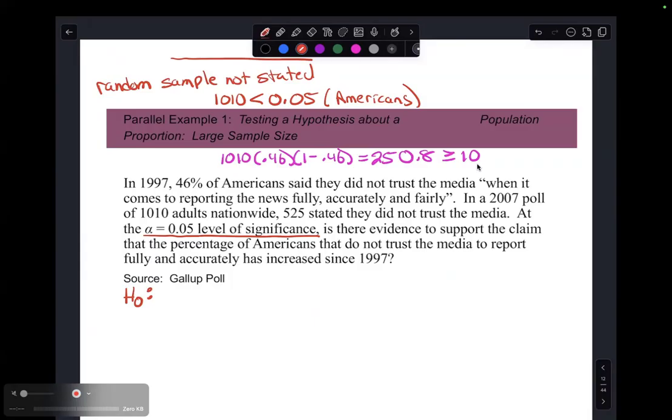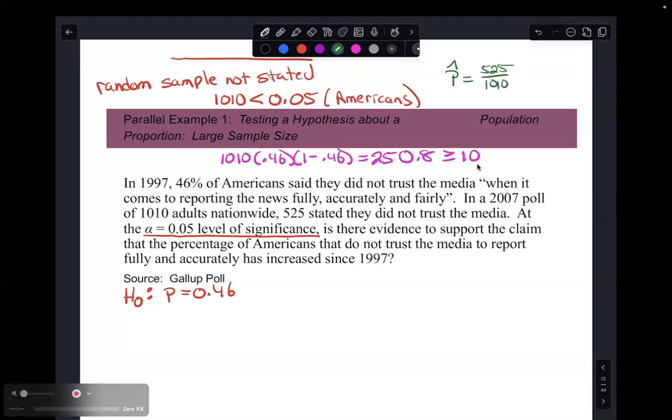But you do need to, no matter what, write your null hypothesis. So my null hypothesis is that P equals 0.46. Remember, the null hypothesis is considered true unless we can show otherwise. I forgot to find my p hat, so I'm going to do this up top. P hat equals 525 divided by 1010.